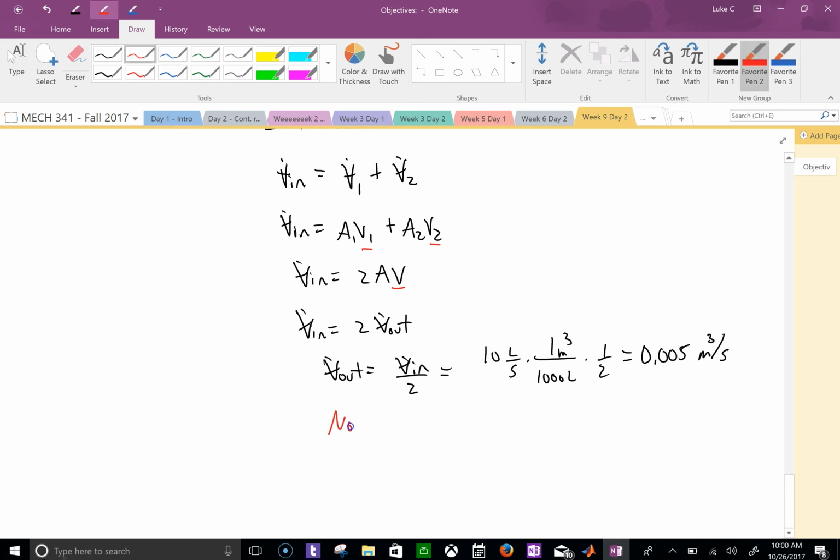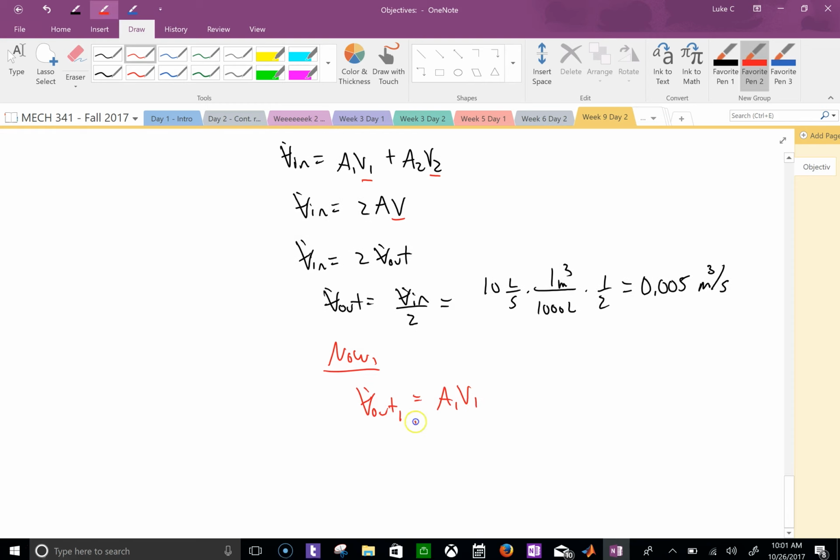Now, V dot out 1 equals A1 V1, correct? So let's solve for V1. A1, this is V dot out divided by what? Pi over 4 D1 squared.